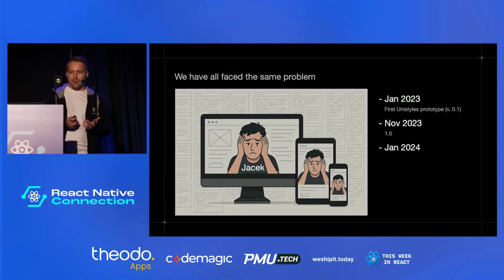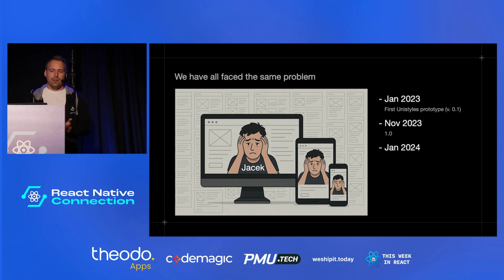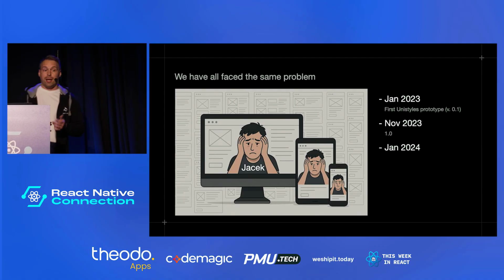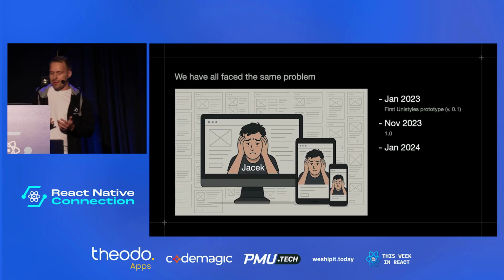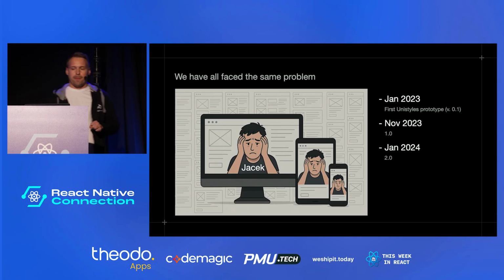Then, 2 months later, I thought a little bit about how I could improve. So I decided to add additional functionalities, like exposing some native values, native sizes from C++, like your screen width and dimensions, so it's always dynamic and always up to date. So I released 2.0 only after 2 months.